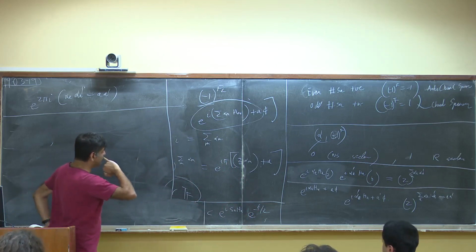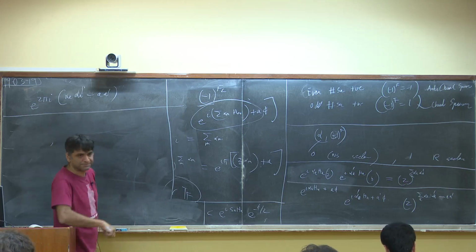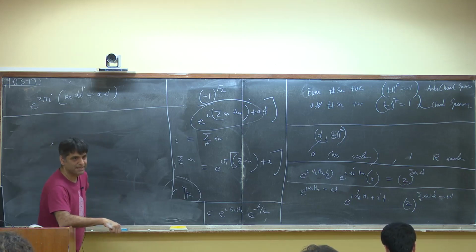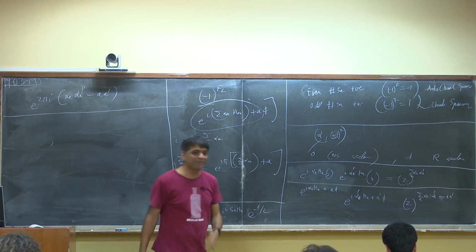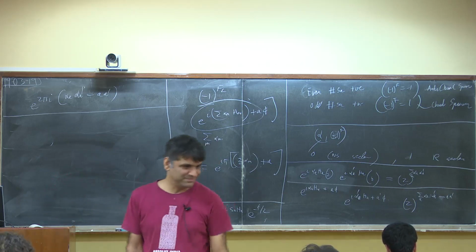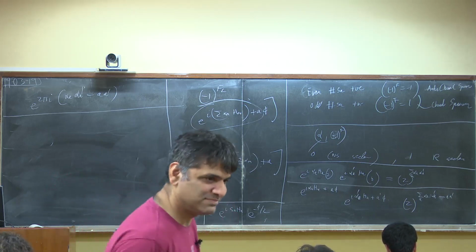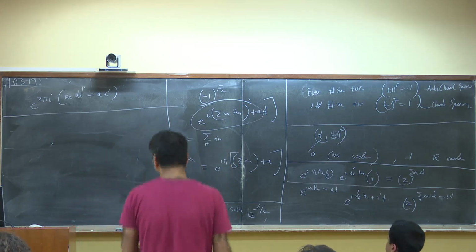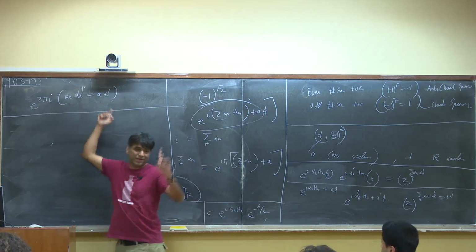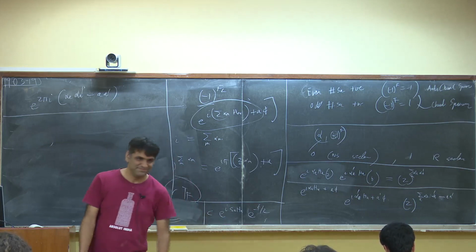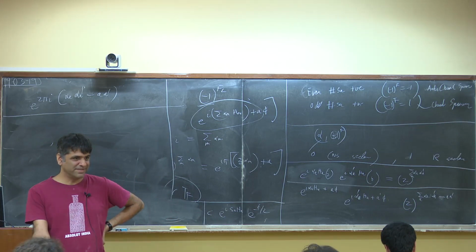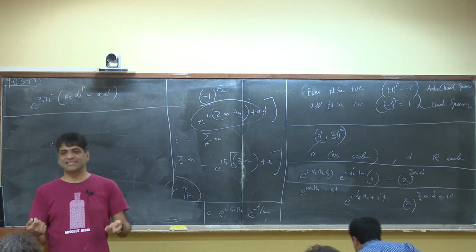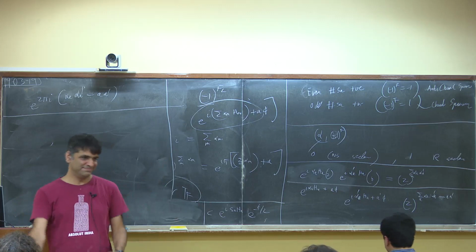Then every alpha is an integer. Every alpha prime is an integer. And A and A prime are both a particular integer, namely minus 1. So it's totally clear that this object is 1. Which is basically the statement that psi's are mutually local with each other.